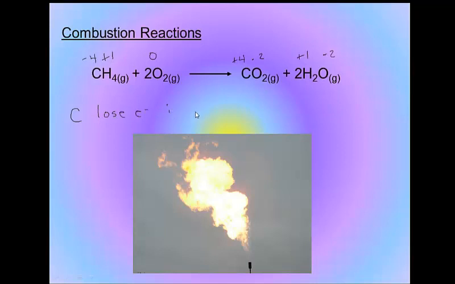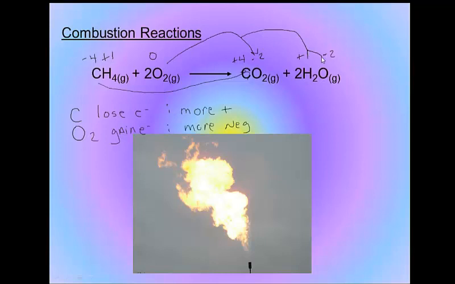That will come when we balance. Notice it goes to being more positive. It goes from a -4 to a +4. And the oxygen gas, the other reactant, gains electrons. It became more negative. It went from 0 to a -2 and -2 here.